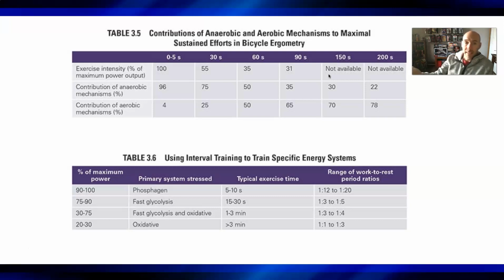So again, we kind of see that inverse relationship. When one system is high, the other is low, and as the duration of the activity proceeds, anaerobic contribution drops while aerobic contribution increases, and the consequence of that is our intensity is going to drop, okay?